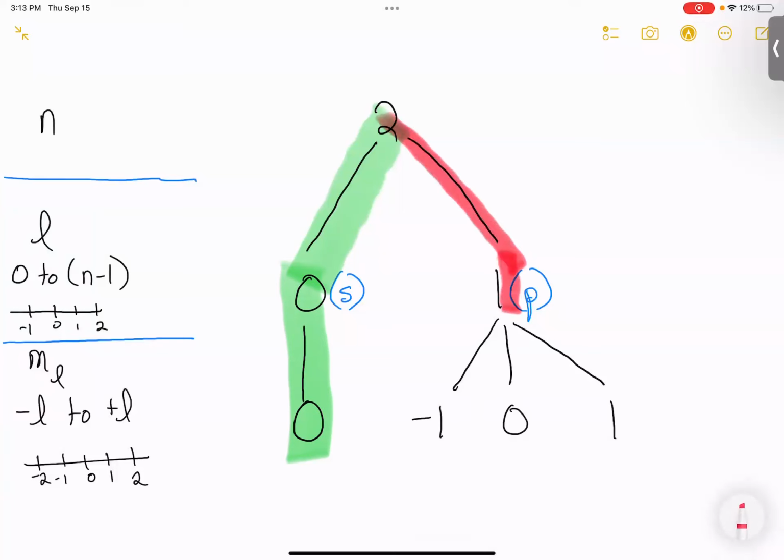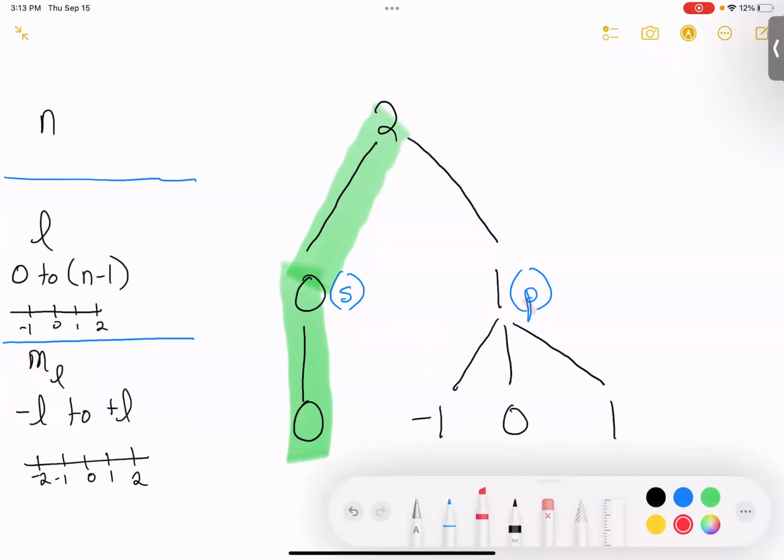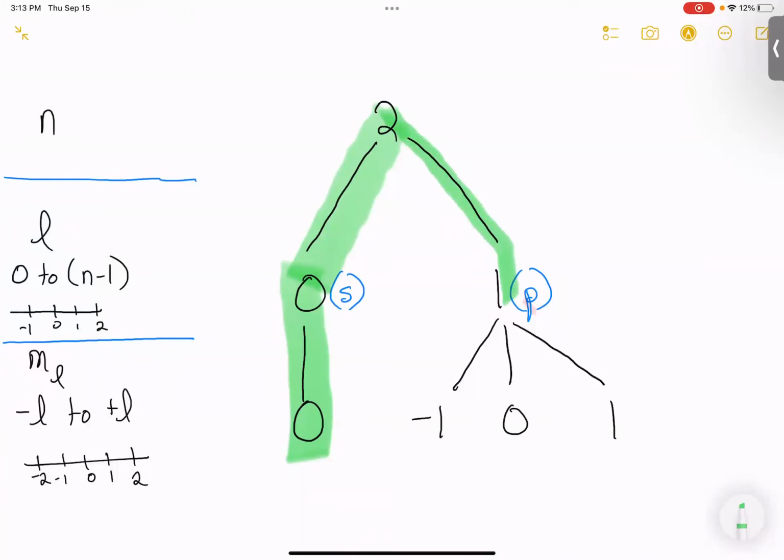So you can't go to the 1 and then cross over to this 0. In order for it to be valid, it has to follow the path outlined. If it does not follow the path outlined, it is not valid.